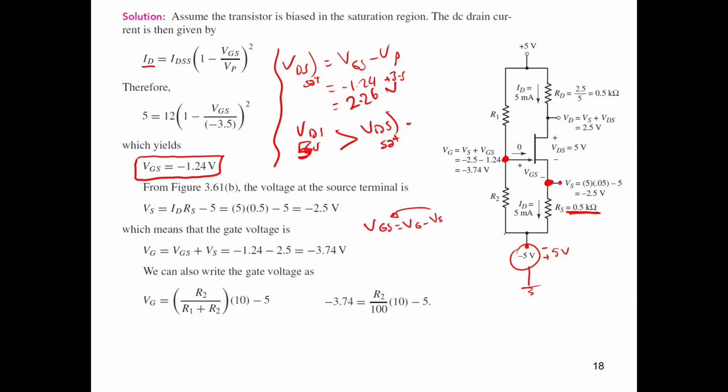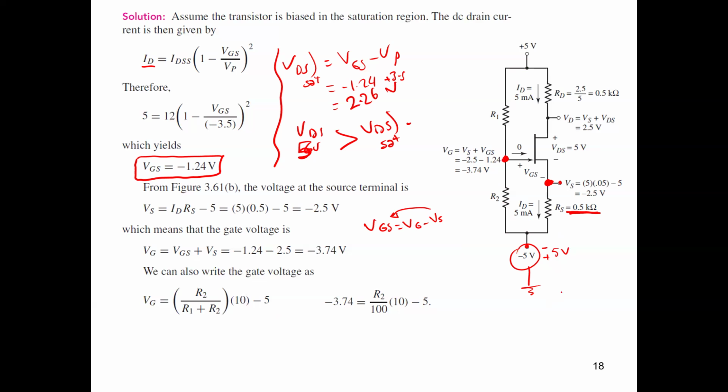However, if this volt here is minus 5, it is R2 divide R1 plus R2 times the voltage between this point and that point, which is 10 volt, minus 5 volt until reaching ground. So this is a complete Kirchhoff now.